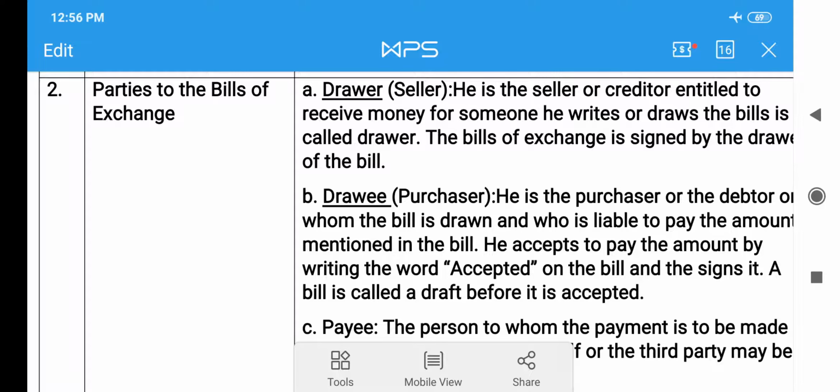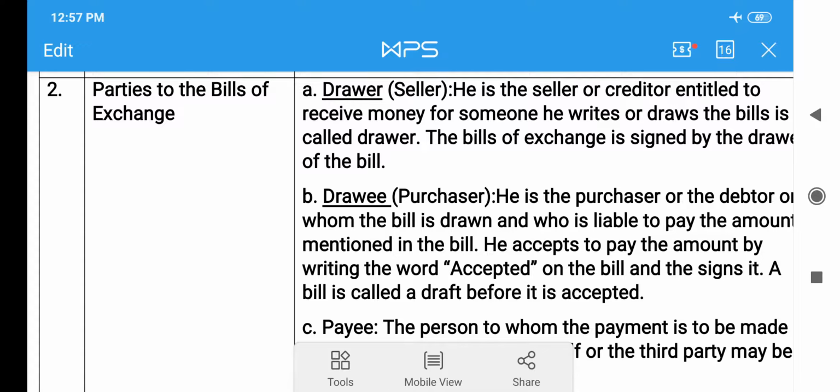That's why they make the bill. So the bill is made by the seller only, in which he signs the document that this sum of money is credited to the other person. So drawer is the seller and he is also known as the creditor.